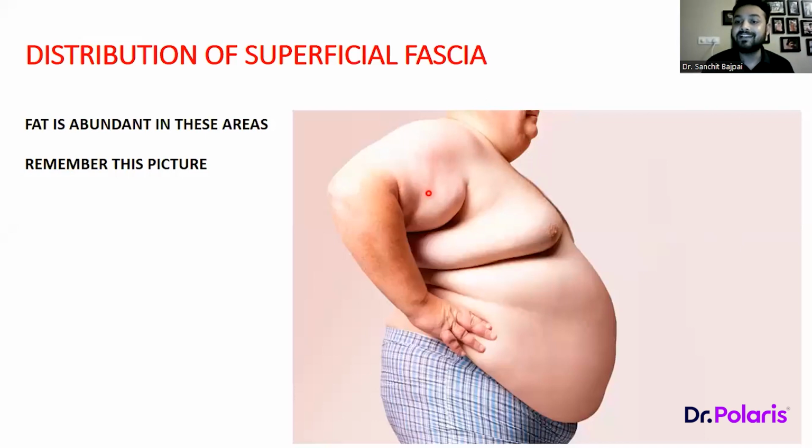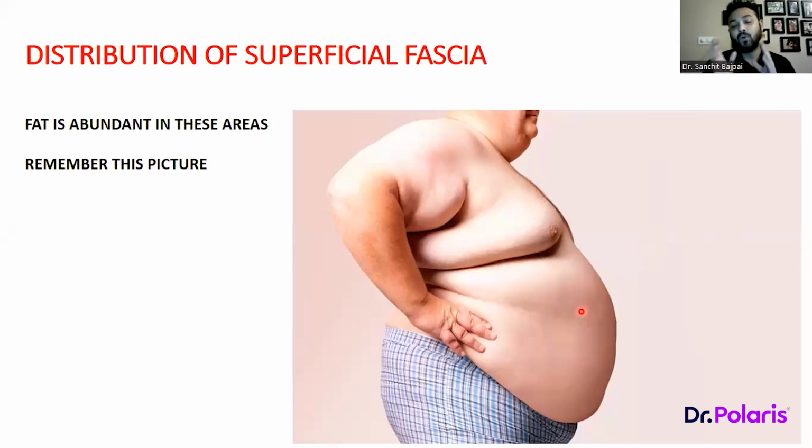All of these areas have got the maximum abundance or thickness of superficial fascia. That is the reason whenever a person gains fat, why does that fat go into these areas only? It's because of the abundance of these cells in these areas, right?